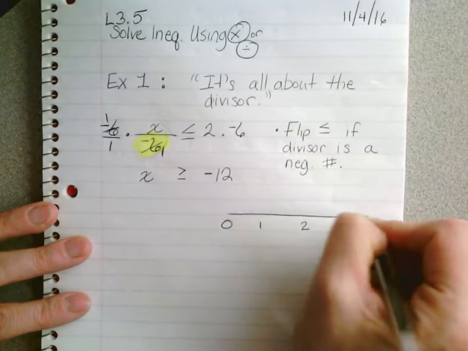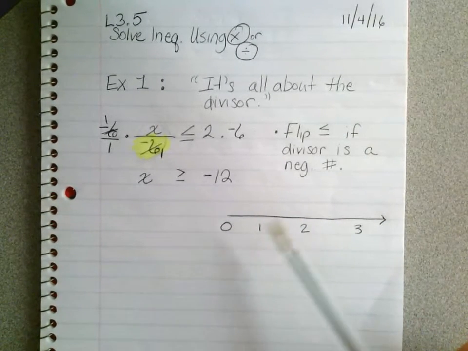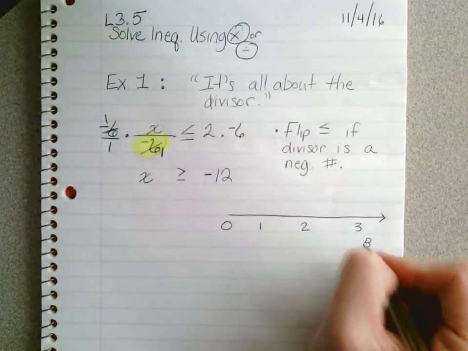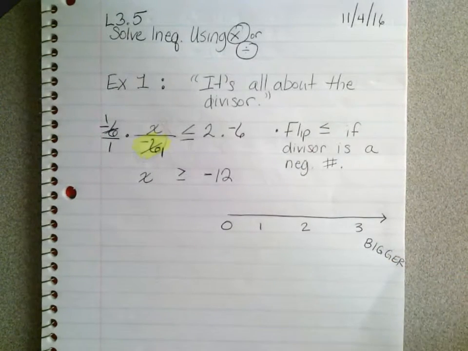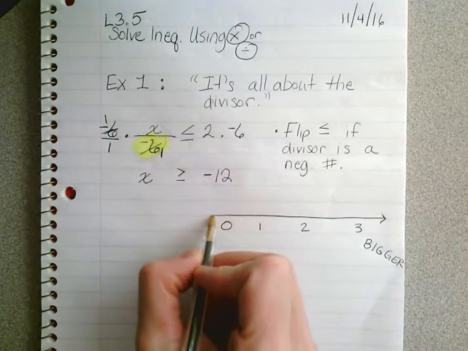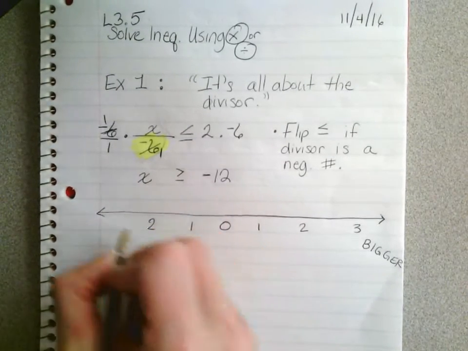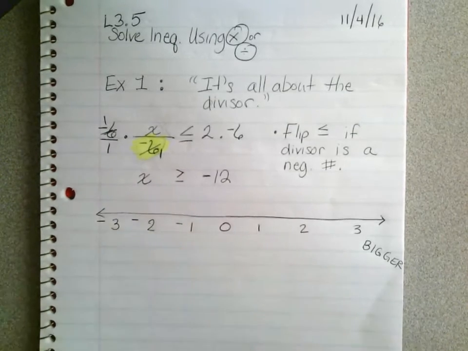Going this way, as we go up, 1, 2, 3, we keep getting bigger, right? Am I right? Yeah. But in the other direction, despite being the same numerals, we get smaller.